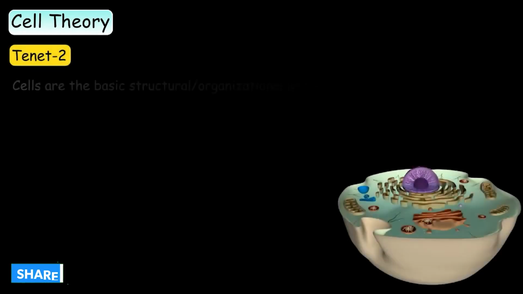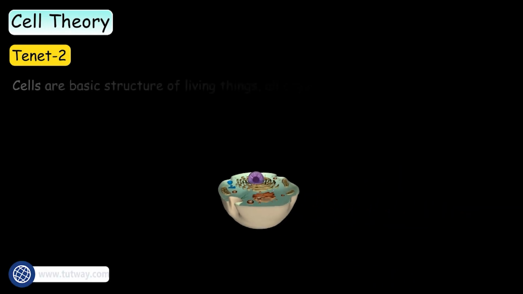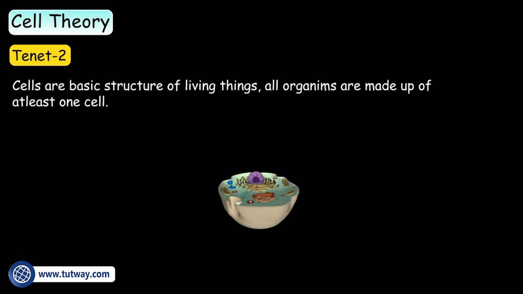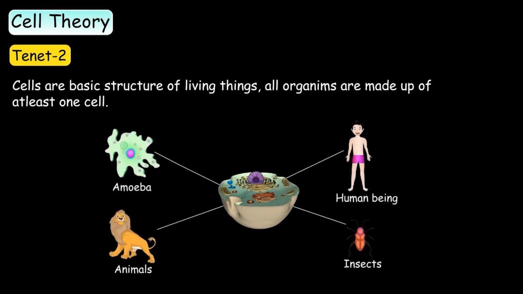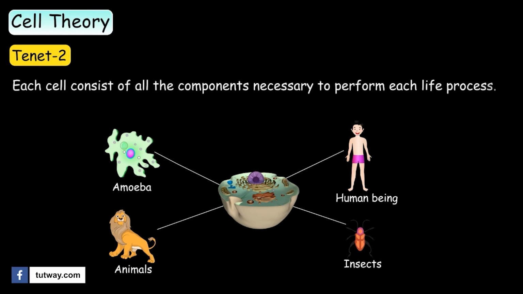Now, let's learn the next tenet of the cell theory. Cells are the basic structural or organizational unit of all living organisms and are also the basic unit of reproduction. Cells are the basic structure of living things. All organisms are made up of at least one cell, and each cell consists of all the components necessary to perform each life process.